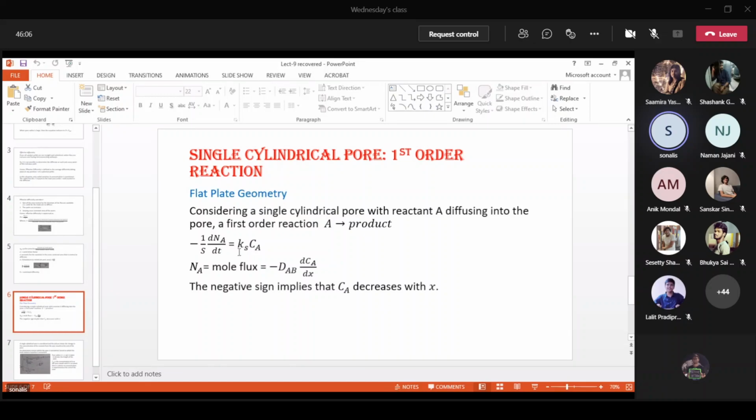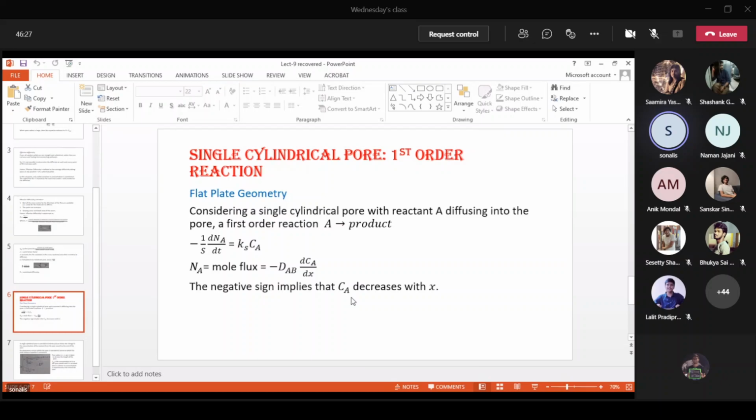CA is the concentration of A within the pore at any position. NA is equal to the mole flux, equal to minus DAB dCA by dx. This is Fick's first law. The negative sign implies that CA decreases with x, as we have seen from the figure.